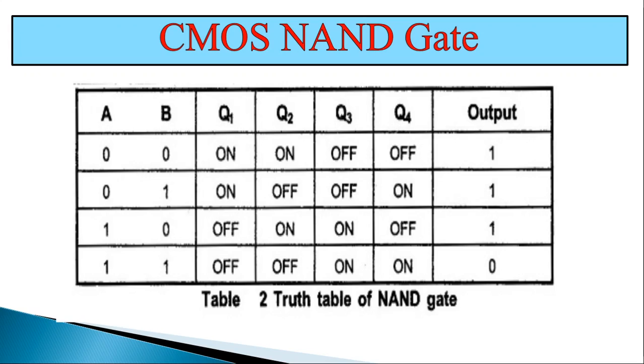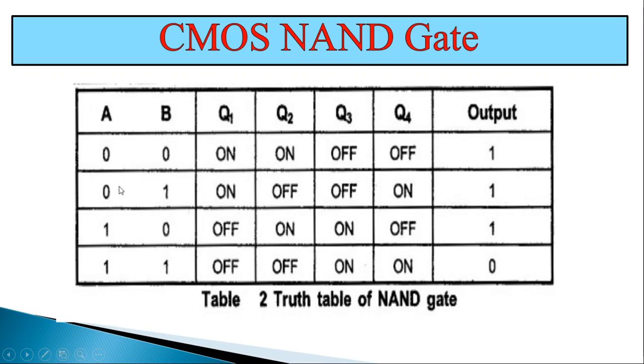This table shows the operation of the two input CMOS NAND gate. That means when A equal to 0 and B is equal to 0, then A0 and B0 make the P channel MOSFETs on and at the same time N channel MOSFETs off, and it gives the output that is equal to 1.